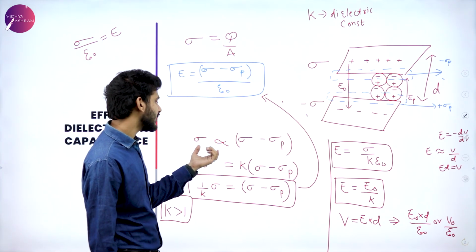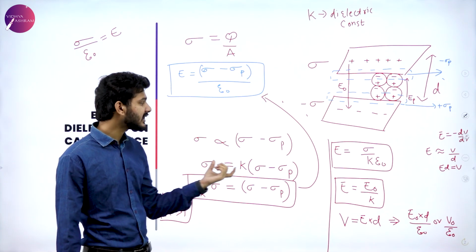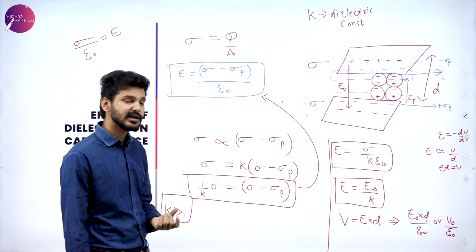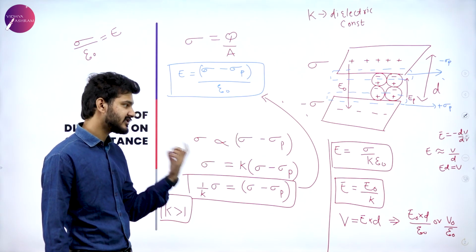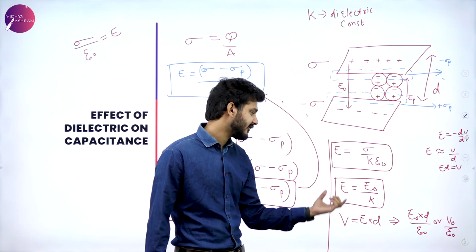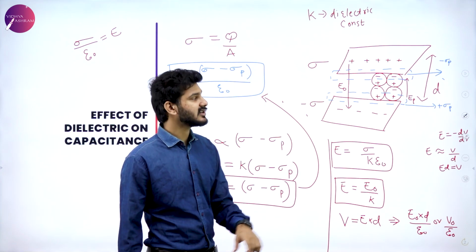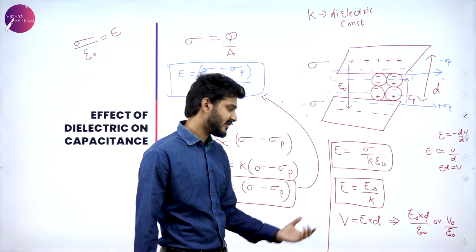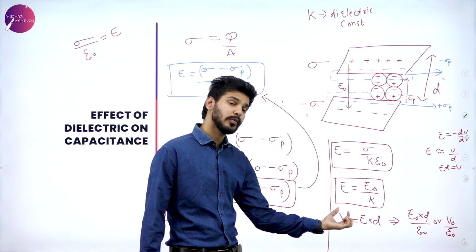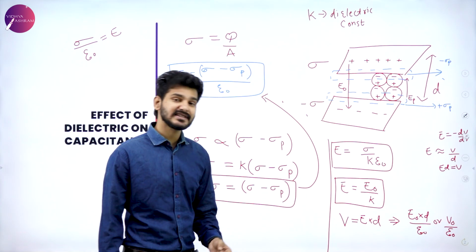But finally, we arrived at the conclusion that sigma, that is the total charge density, was directly proportional to sigma minus sigma P. And then we introduced a proportionality constant and we got this particular result. And then we substituted that result and we got this relation for the electric field of a parallel plate capacitor in which a dielectric medium was placed, and finally we arrived at another equation which denoted the net potential of that particular capacitor in which the dielectric was kept.